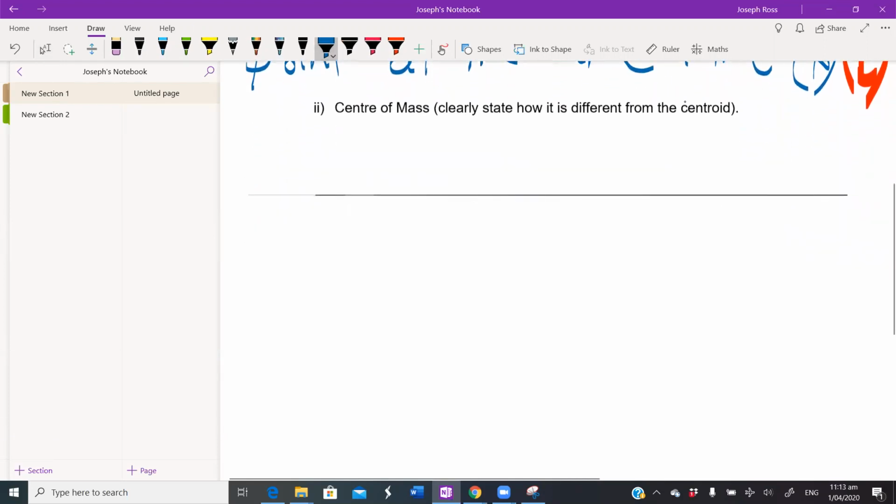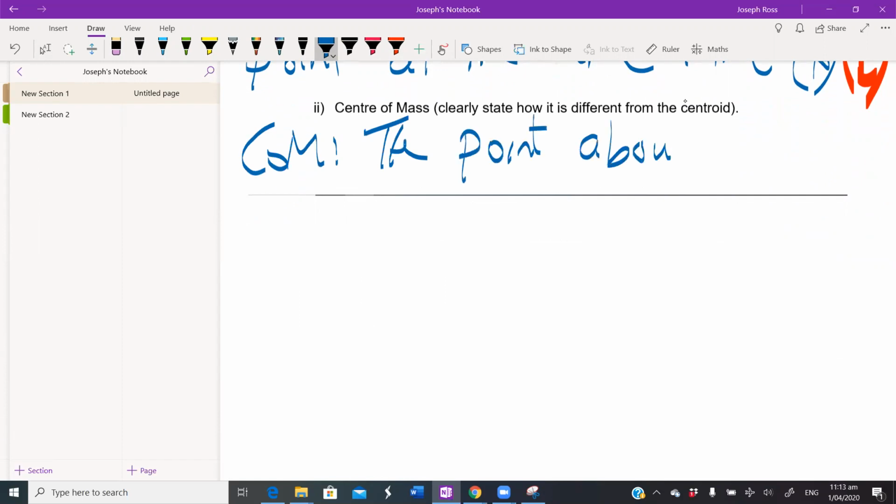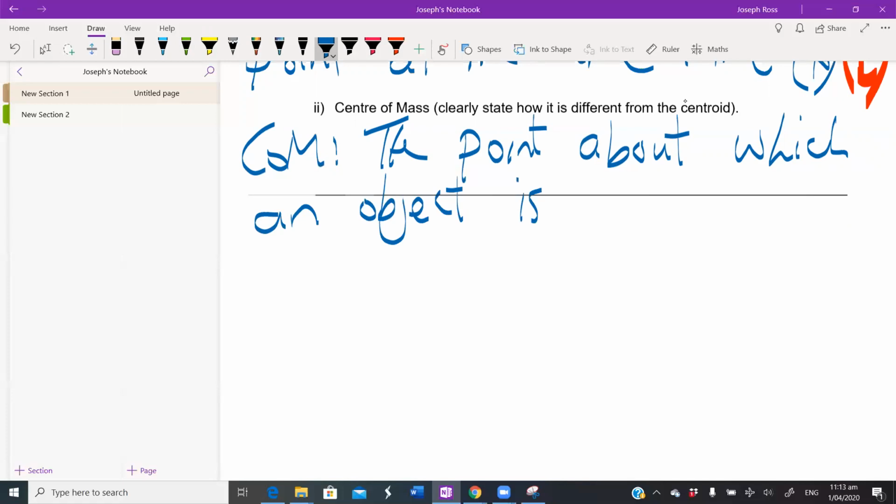So a center of mass is the point about which a lamina or a shape or an object is balanced.